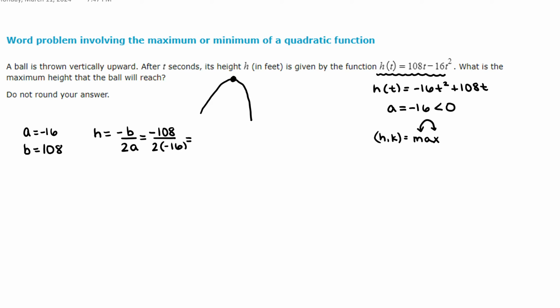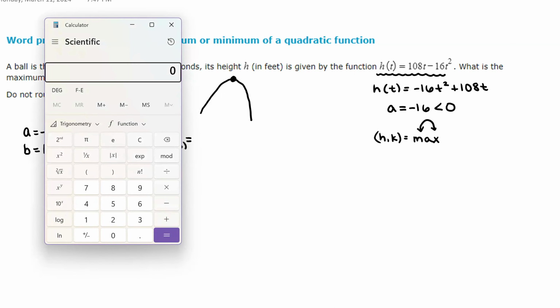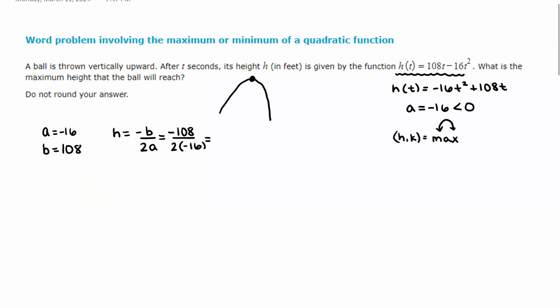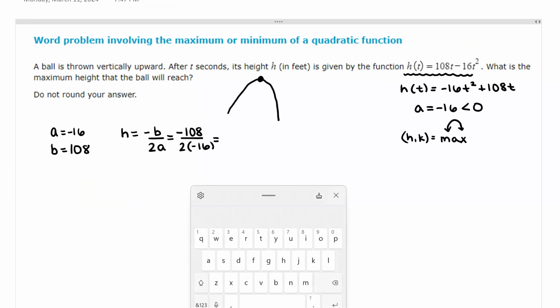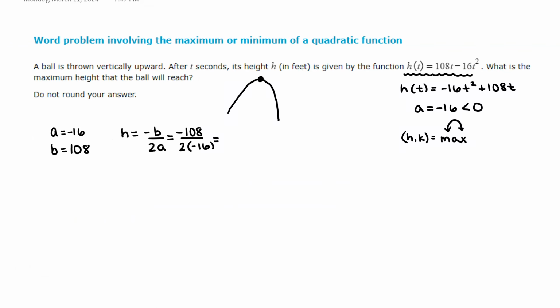So let's just plug that into a calculator. 108 over 32 equals 3.375. Not a great answer because they didn't want you to round.